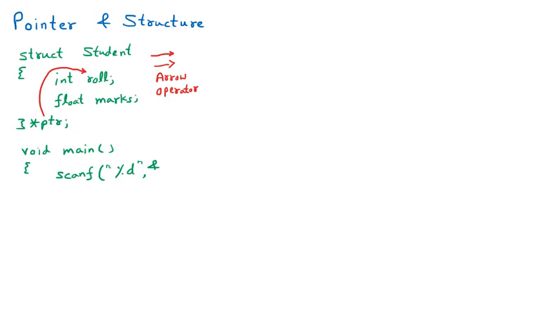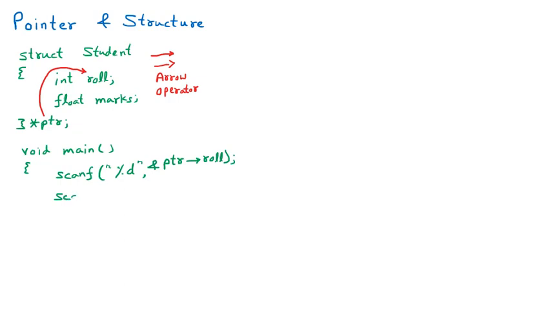So how are we using it? We will simply write ptr pointing to roll number. So this arrow sign we will use, otherwise all the program is the same.